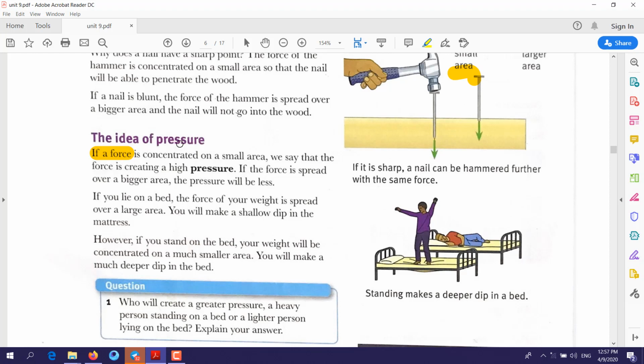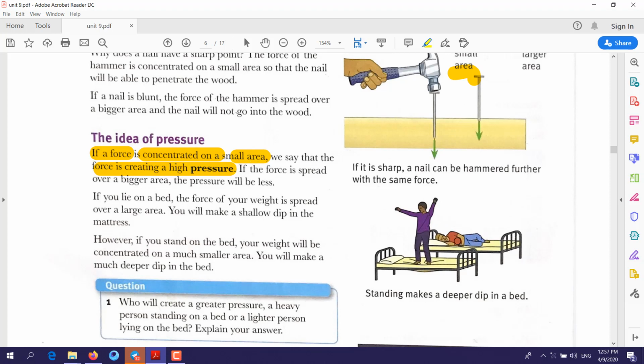So the idea of pressure: if a force is concentrated on a small area, we say that the force is creating a high pressure. Again, if the force is concentrated on a small area, the pressure will be higher.